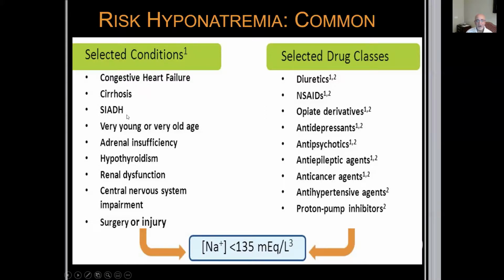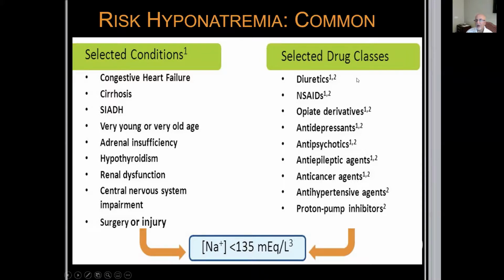Another common condition that frequently presents to the hospital is a condition called SIADH, or syndrome of inappropriate ADH secretion. Patients with adrenal insufficiency, hypothyroidism, renal dysfunction, or postoperatively after surgery may also develop hyponatremia, primarily due to increased vasopressin secretion from stress or exhaustion.